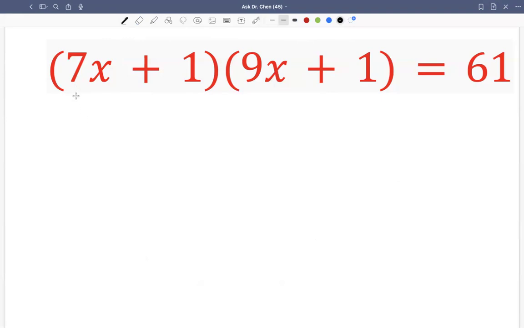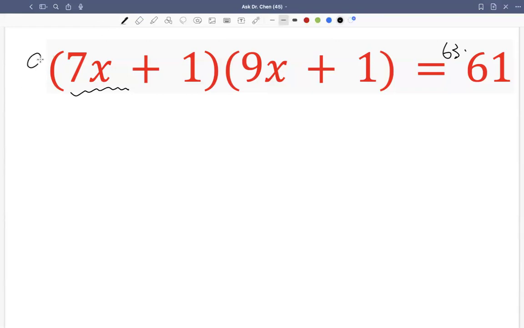We want to make, so we have two factors. We want to make the variables have the same coefficient. So what do? We multiply, because 7 times 9 is 63. So multiply 63 on both sides of the equation. Then we break this 63 into 7 and 9.